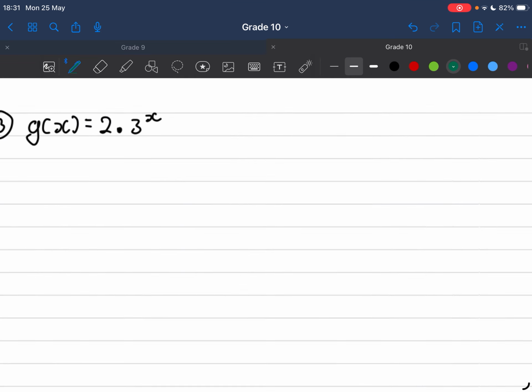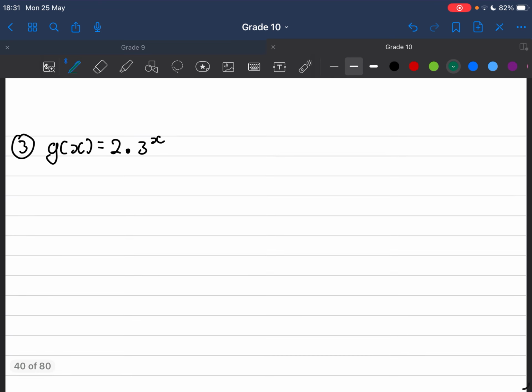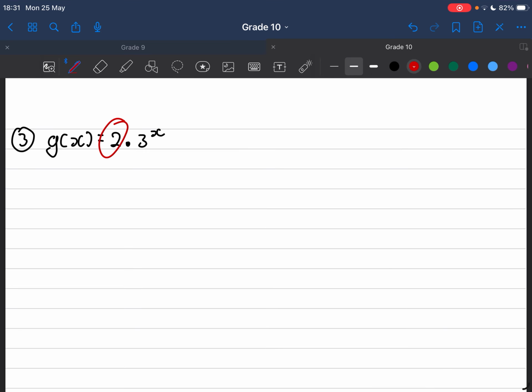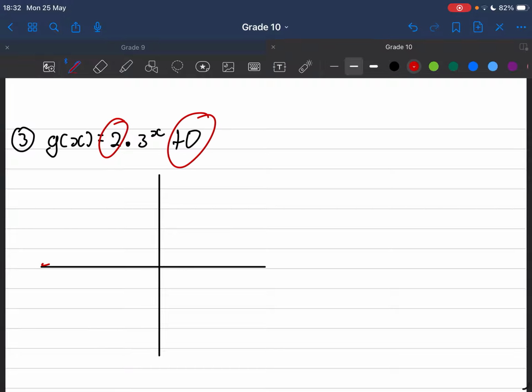So it doesn't have to take you long. You just gotta go ahead and try it out. Now this is a positive, so it's not going to reflect the graph. It's just going to stretch it a little bit, but it won't really matter much right now. We still have a plus 0 here. So drawing that over there, we can use this to figure out that my asymptote goes over here. So y is equal to 0.